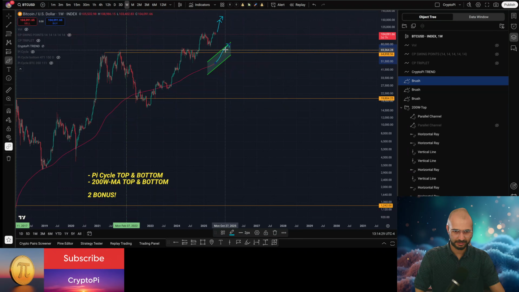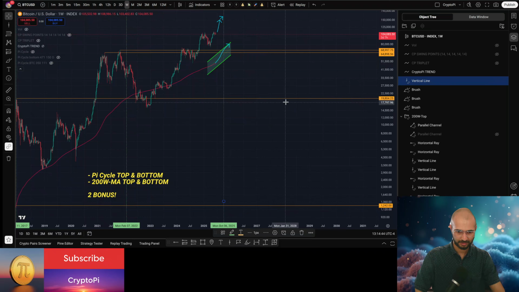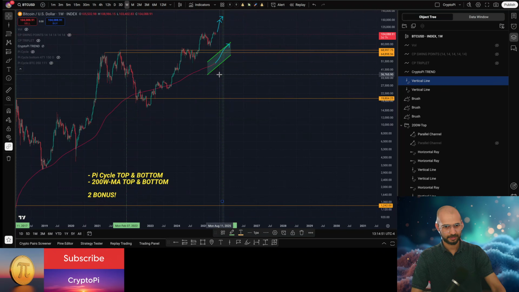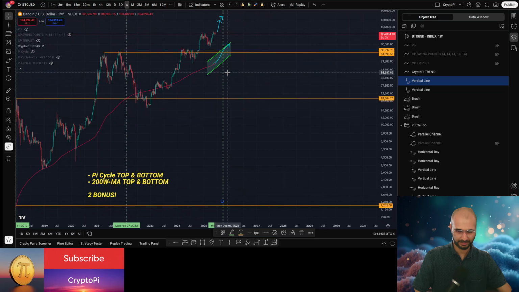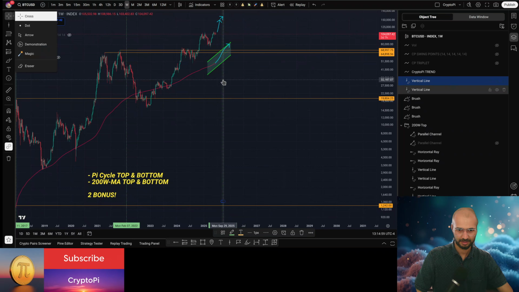And when it crosses the previous cycle's all-time high, that would come in the month of October or November. Let's mark it somewhere around this one, which is October, and for the first one, that is September. So that is basically in the 3rd quarter or the beginning of the 4th quarter.